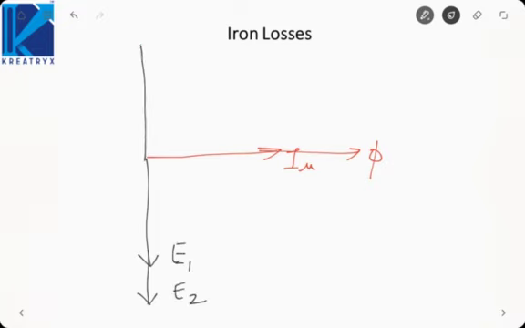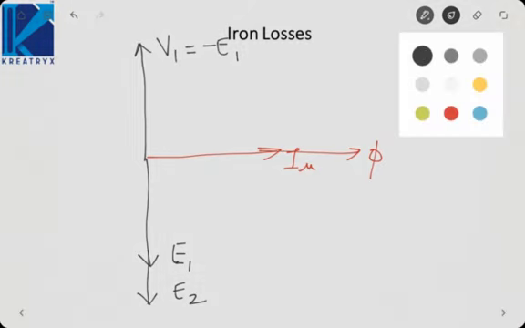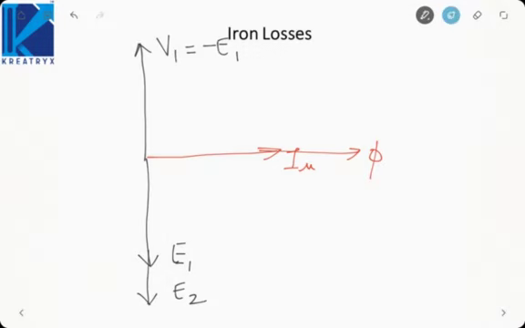Then we say that V1 will be equal to minus E1 to satisfy Lenz's law. Now, as I told you, there is an additional current in the same phase as the applied voltage, which is IW. So IW will lie in the same phase as the voltage so that it consumes only real power. Now I told you the sum of IW and I mu will be called the no load current because these are being drawn from the supply even under no load condition.